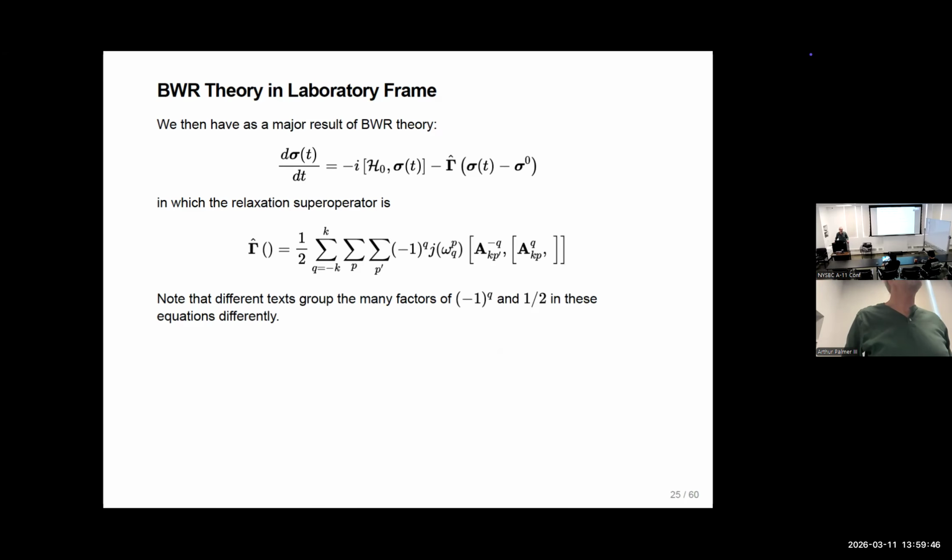Our analysis was fine, but then there was the second part: once we're back in the lab frame, the relative shift precession has a huge impact on the results.